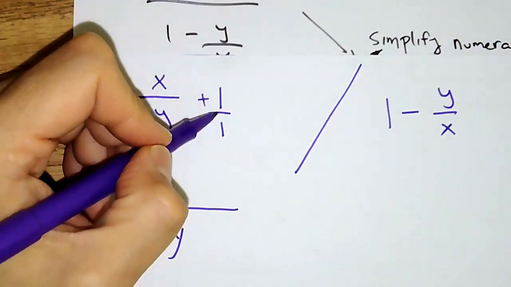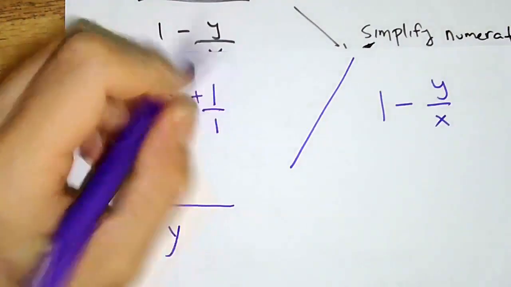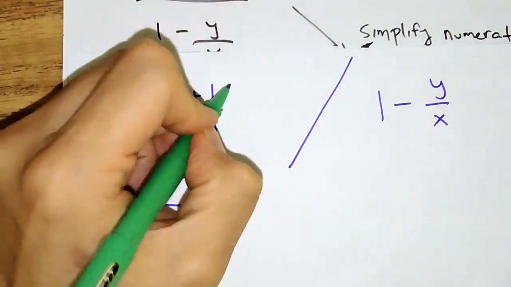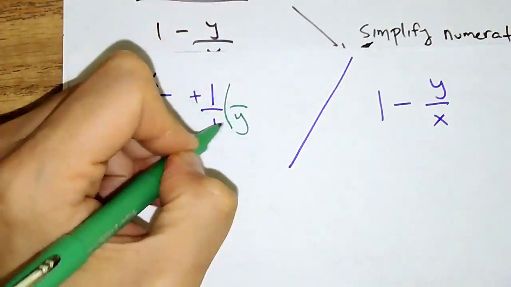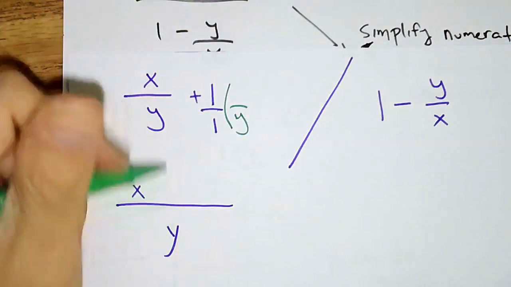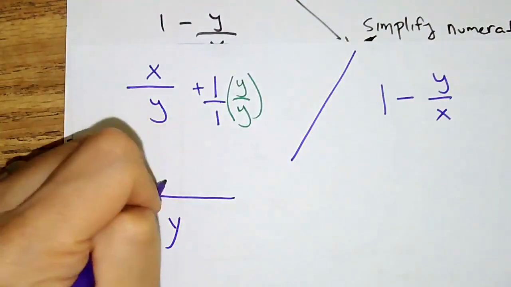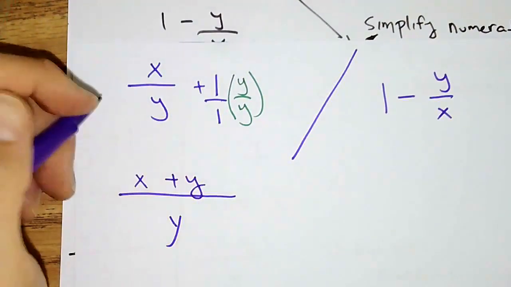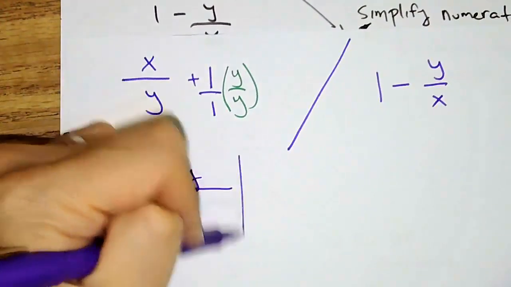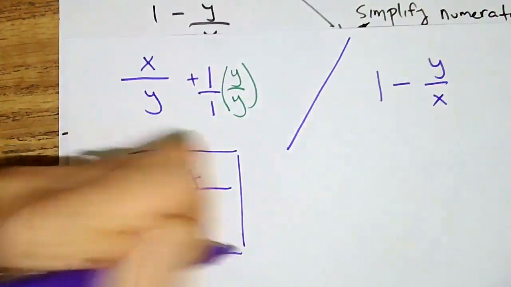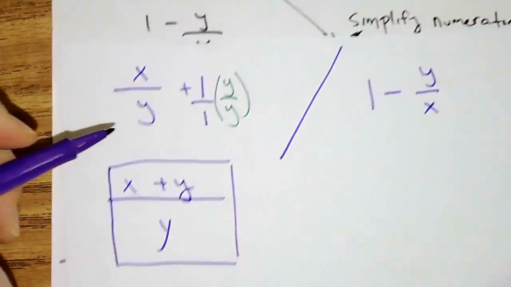And then here, I need to multiply by a y, right? 1 divided by y is y, so I have the same denominator. So I'm going to have to multiply y on the top, so it's a plus y. Okay, now I have one fraction, right?